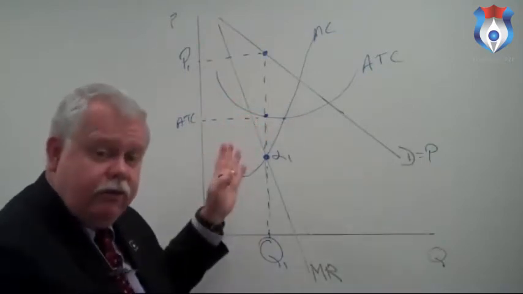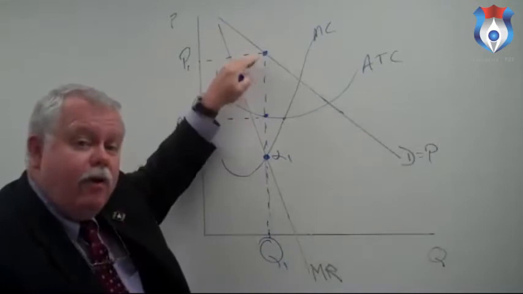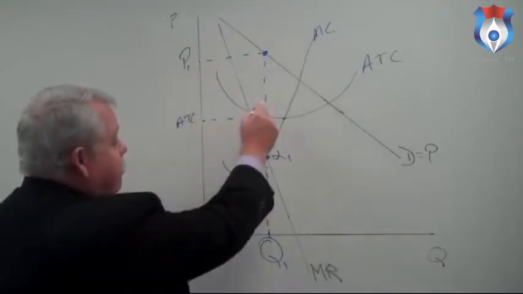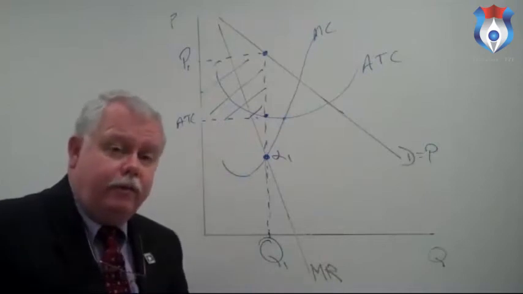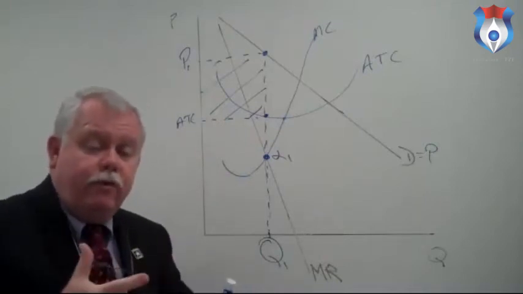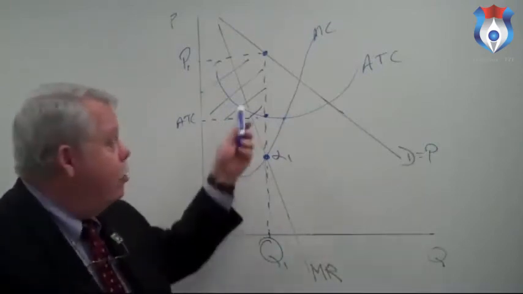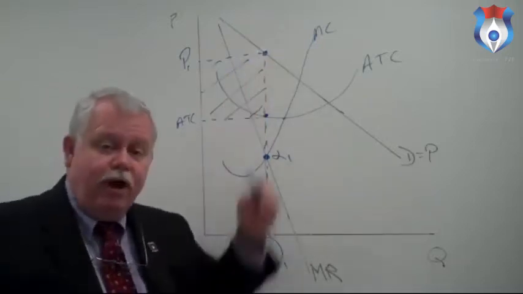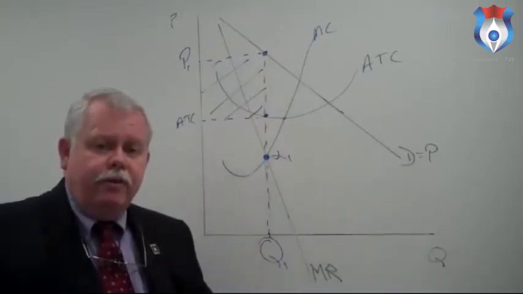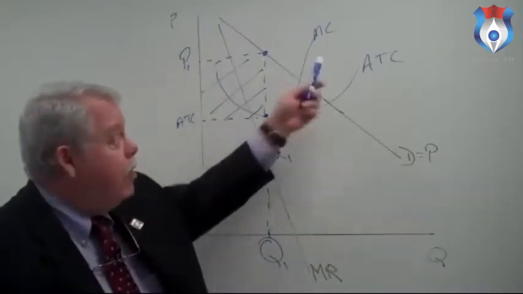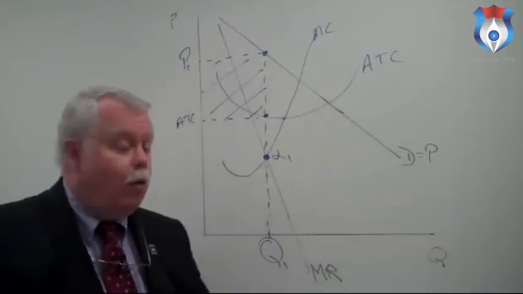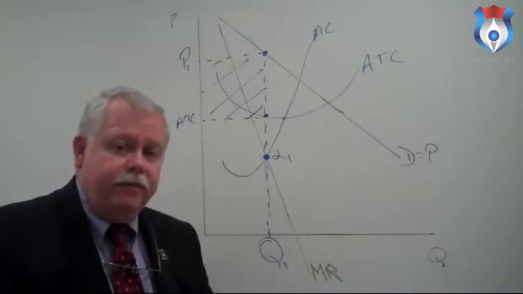In this case, the price is high, it's above the average total cost, so this entire rectangle represents the profits of the company. So here we have the firm in short-term equilibrium earning an economic profit, price above average total cost. Very similar to what could have happened in perfect competition when the price was above the average total cost curve at whatever output they were operating at.